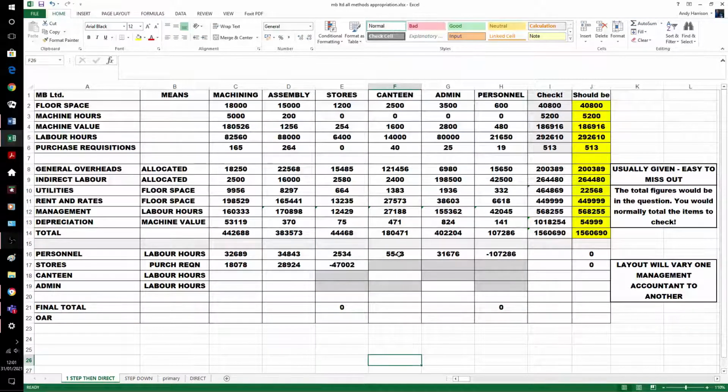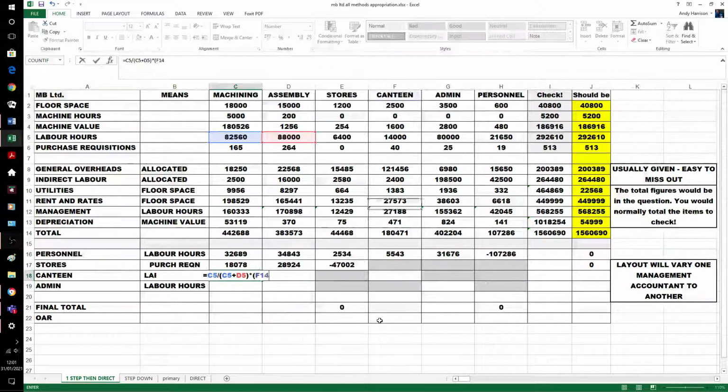So canteen, again it will be the original bit plus the reappropriated bit, but it's now on the basis of labour hours, so we just need the labour hours. And then times, this time, don't get this wrong again, and don't forget that we're now canteen. It used to pick up the numbers from a different column.